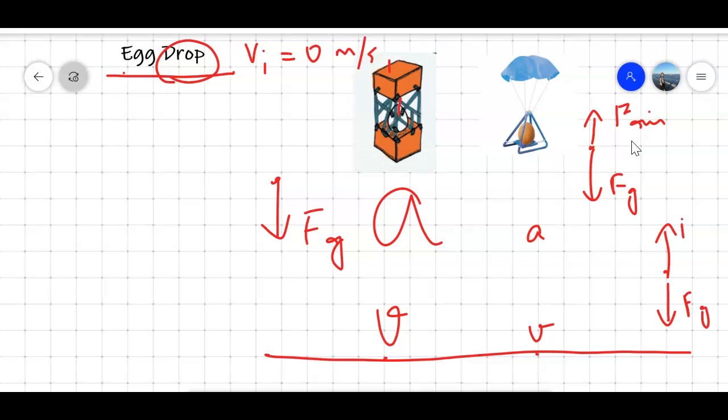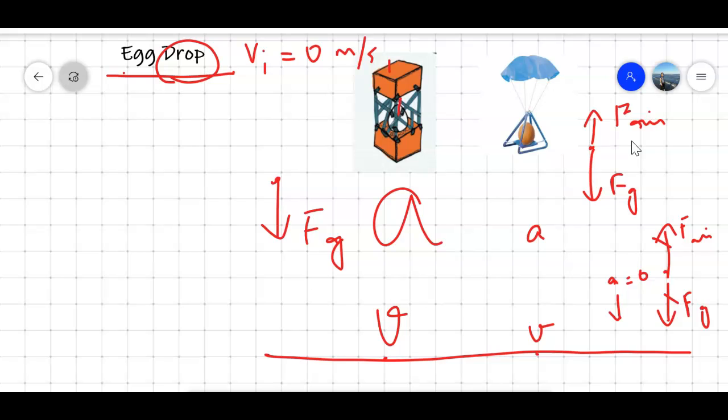And when this happens, you know that these two vectors are equal and opposite. They can cancel each other out, making the net force zero, and therefore the acceleration zero at this point of time. So when the acceleration becomes zero, then whatever speed it has at that moment, it will just keep drifting down at that same speed, the constant speed. And that constant speed is what we call terminal velocity.